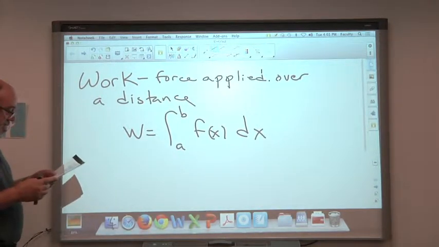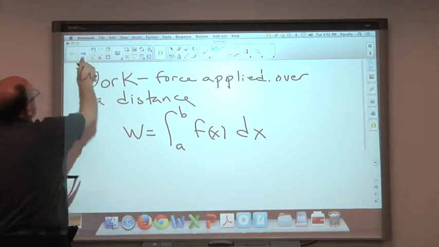So in terms of an example, how does it work out?